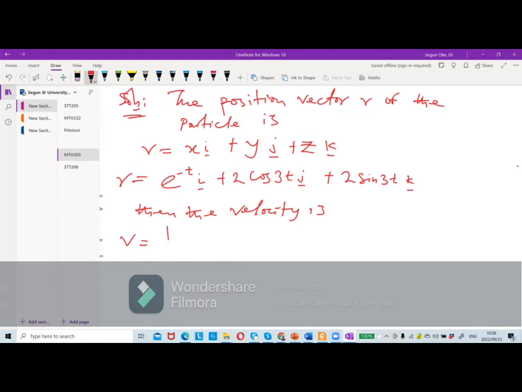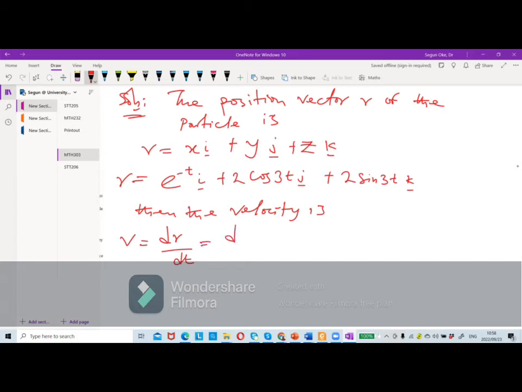Our v is equal to dr over dt. Who can tell us why we have dr over dt? I think we are differentiating the position with respect to t. Okay, thank you. Let's continue.